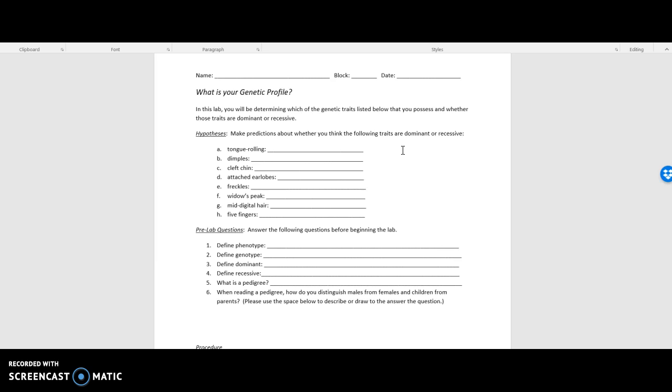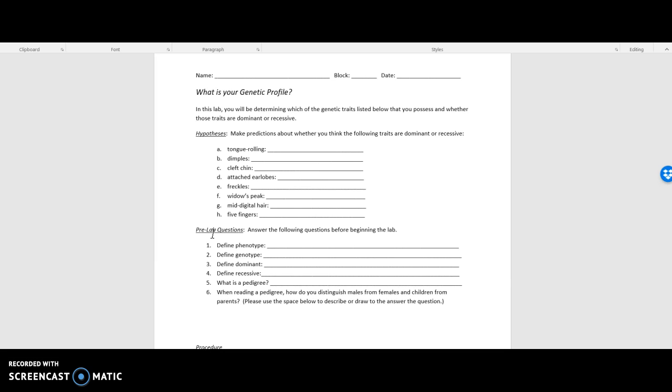After you make sure that you have the correct paper, the next thing that you're going to do is create hypotheses. These particular traits are common in humans, and you need to think about whether you think the traits are dominant or recessive. These are just your hypotheses, your best guess based on life experiences.